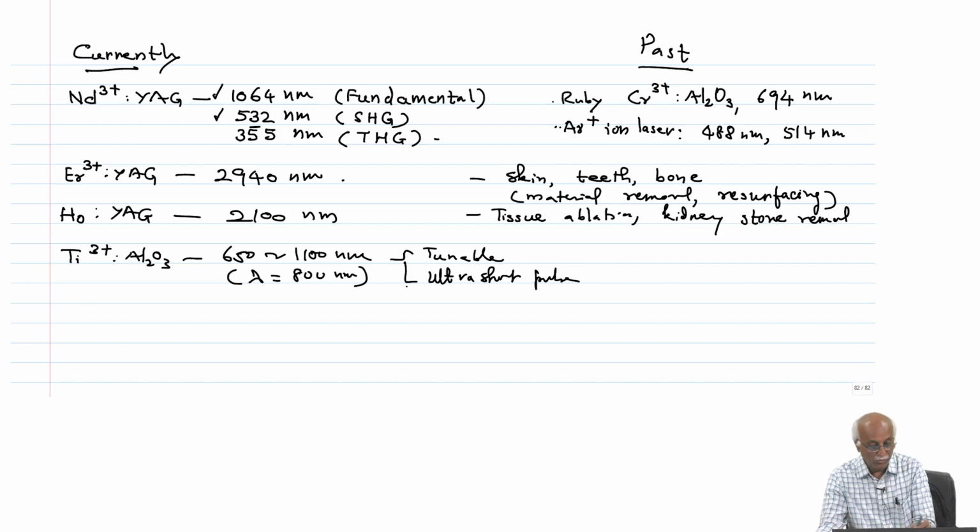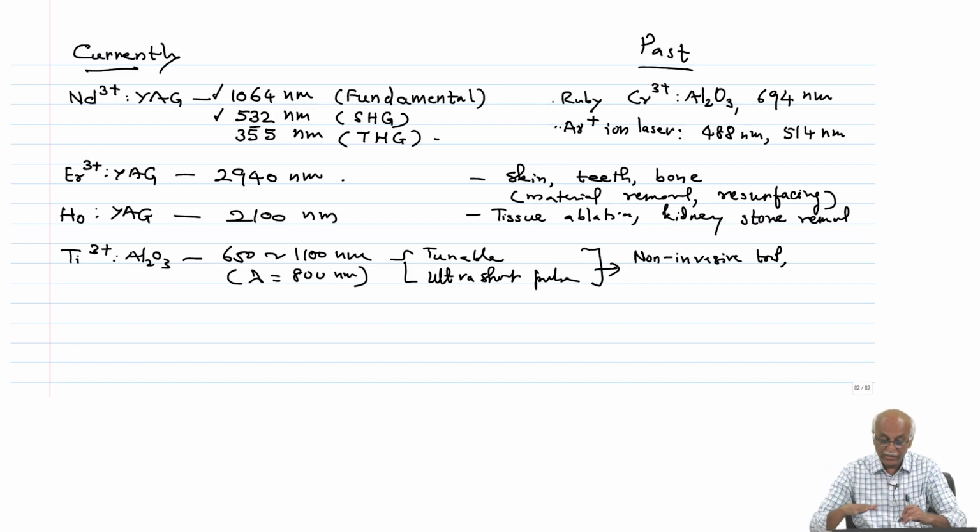It is a very useful laser as a non-invasive tool, and the heating effect is quite low. So, it can interact with tissue without damaging the tissue to the extent possible, and underlying biological phenomena can be studied with this.